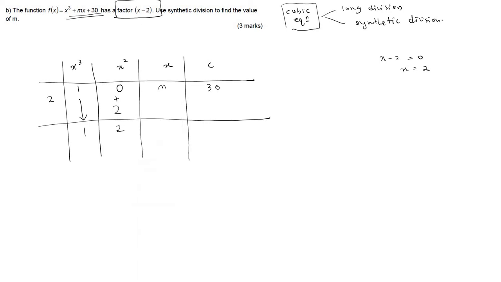Dan darab sekali lagi. 2 darab 2. 4. Tambah. Bila tambah dapat m. M tambah 4. Darab sekali lagi. M multiply 2 we get 2m. Plus 4 multiply 2 plus 8. Dan tambah lagi. We get 2m plus 38.